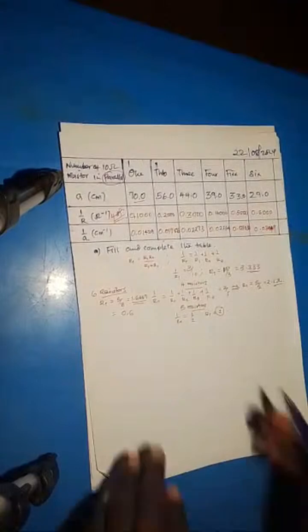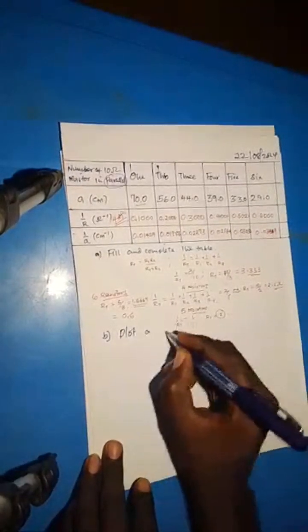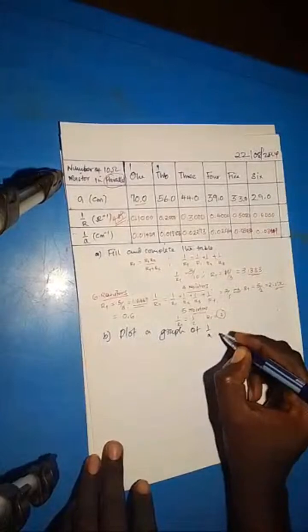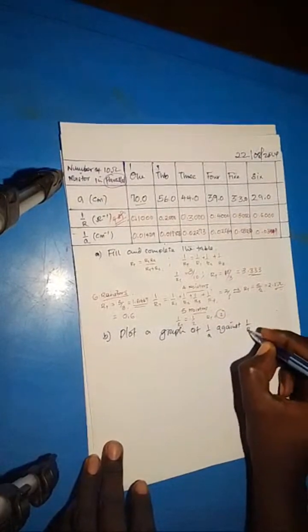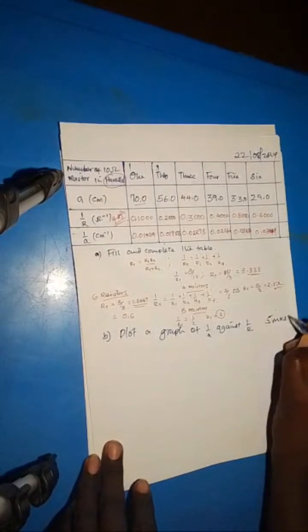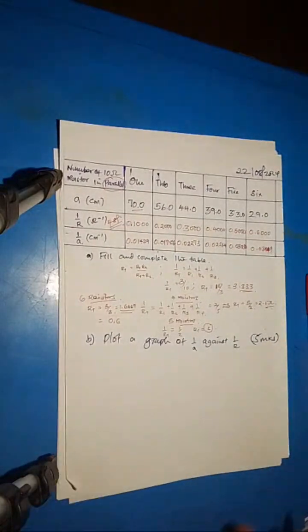Therefore, the next question is part B. Plot a graph of 1 over A against 1 over R. This goes up to 5 marks.